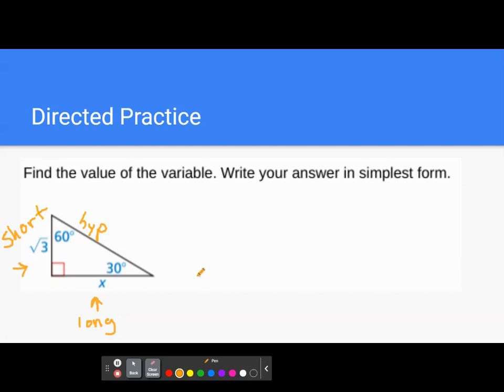Alright, Nate, which formula am I going to use to find x? Longer leg equals shorter leg times the square root of 3. Alex, what am I going to plug in for the long leg?